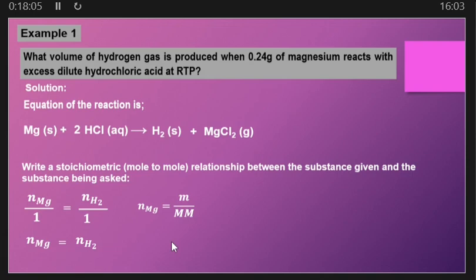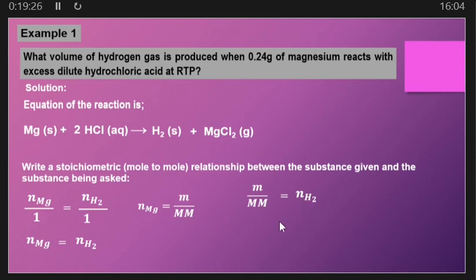That means we can substitute where we have this value, we can put this value, so that our equation now becomes this value here is equal to this value.